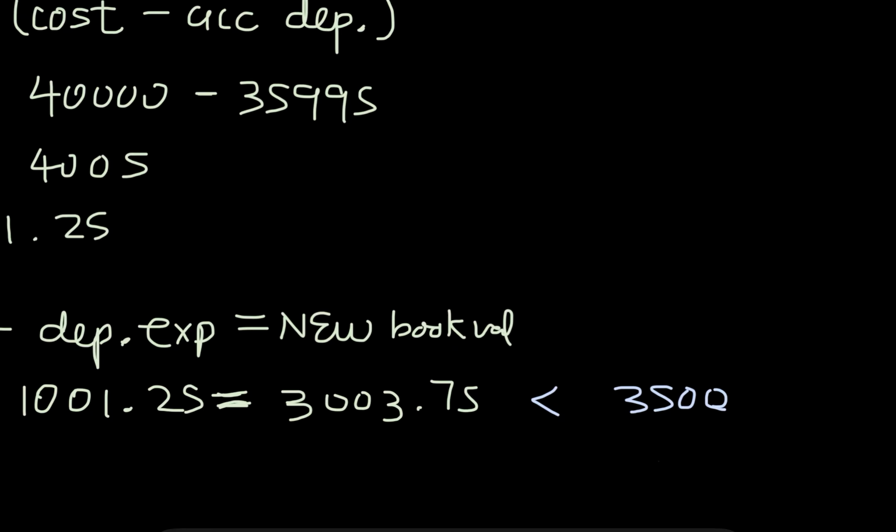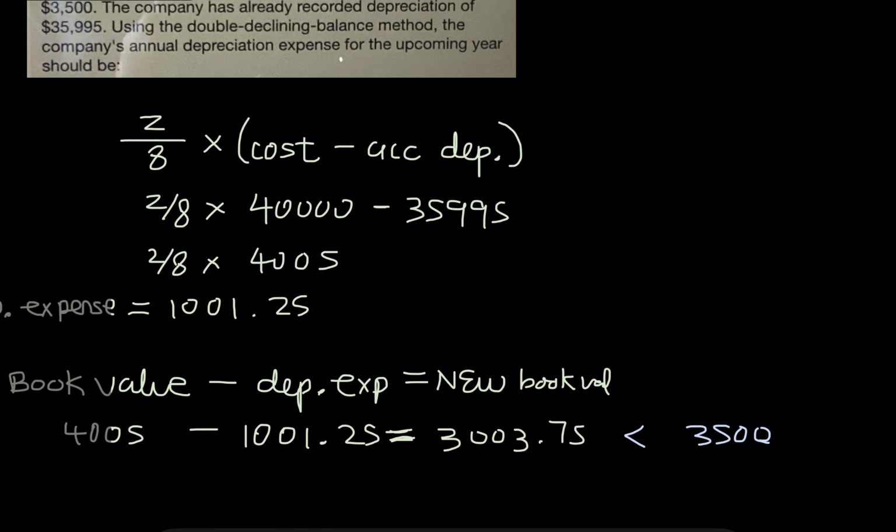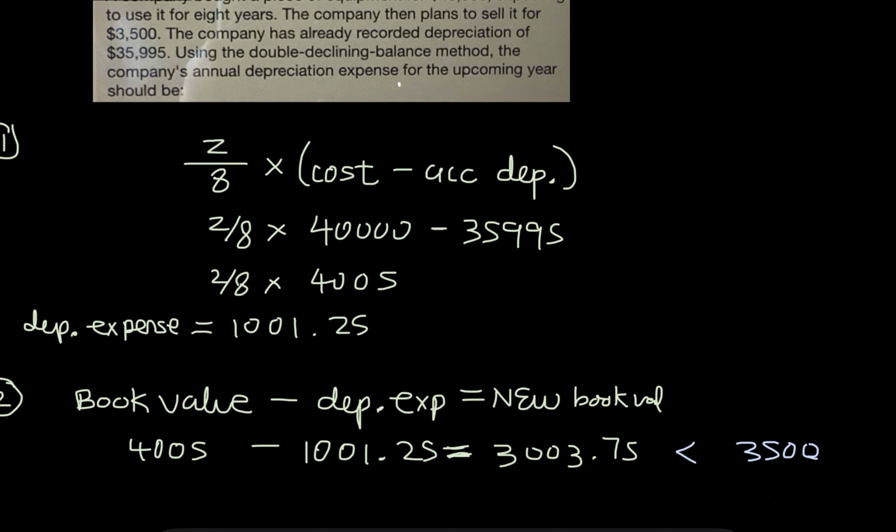And we do not want that because we want to make sure the book value is equal or greater than the residual value. The residual value is the amount we want to sell the equipment for at the end of its usage. That means if the book value is below the residual value, it's worth less than what we want to sell it for. And we want to sell it at the price we've set.